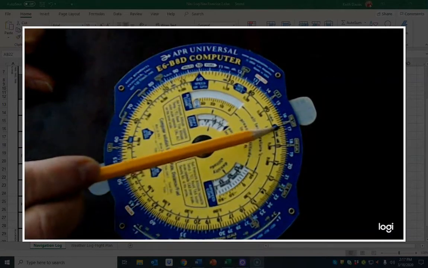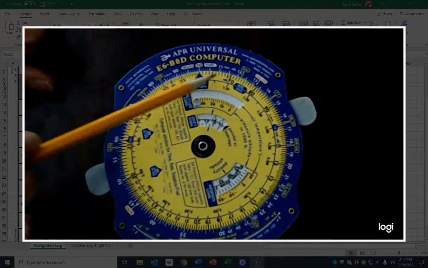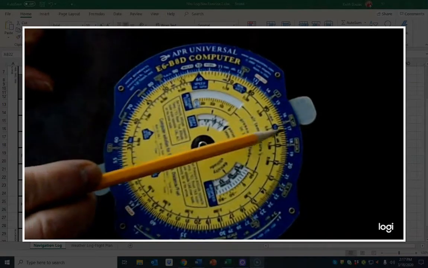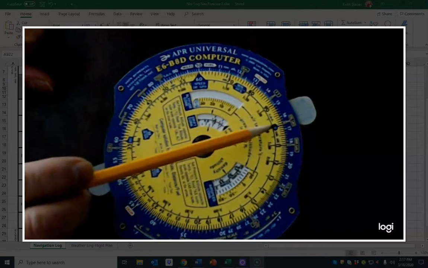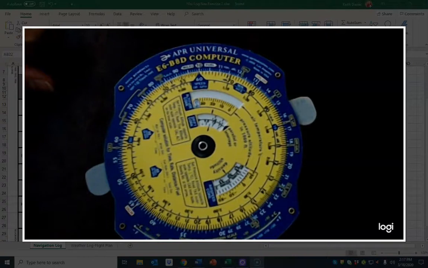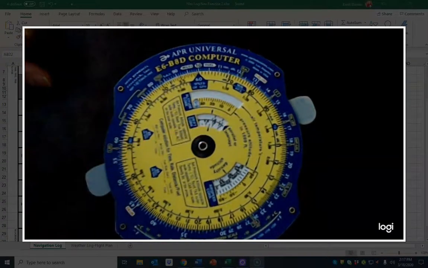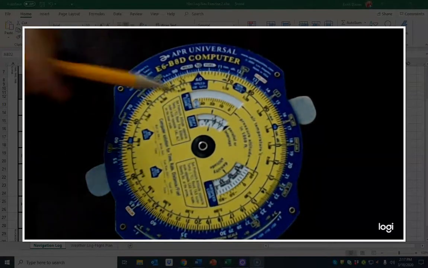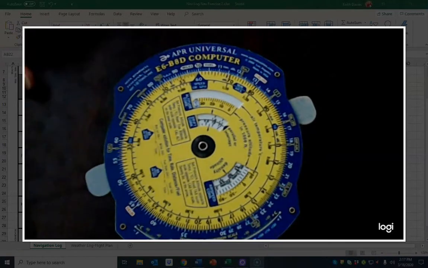So at 10 gallons per hour, I can go around and say at 90 minutes, I'm going to burn 15 gallons. Okay, at 9 minutes, it would be 1.5 gallons.